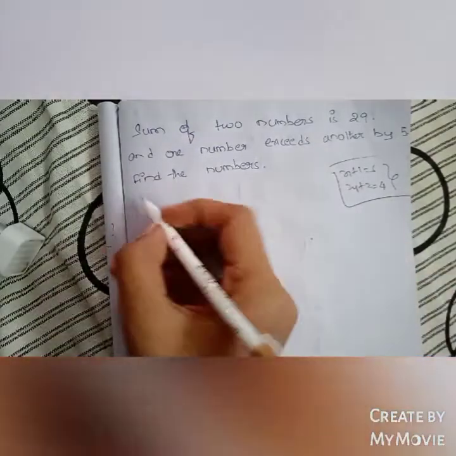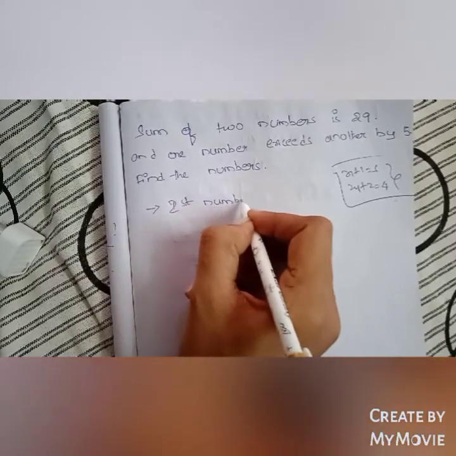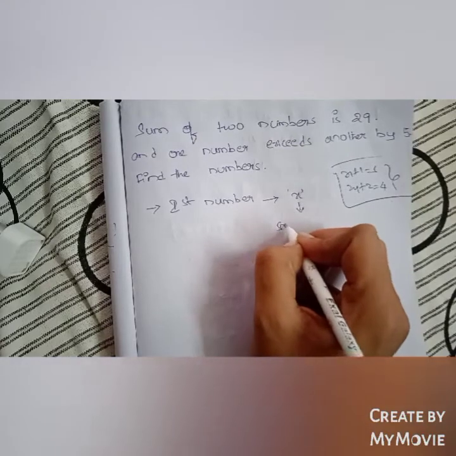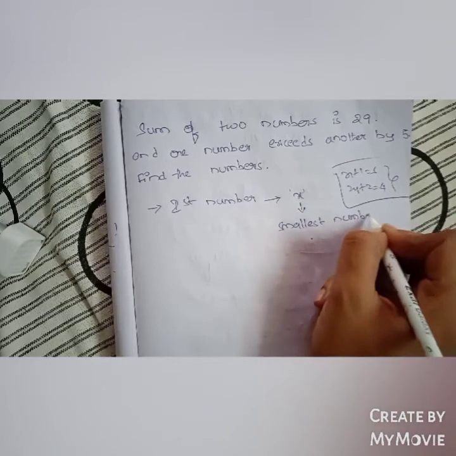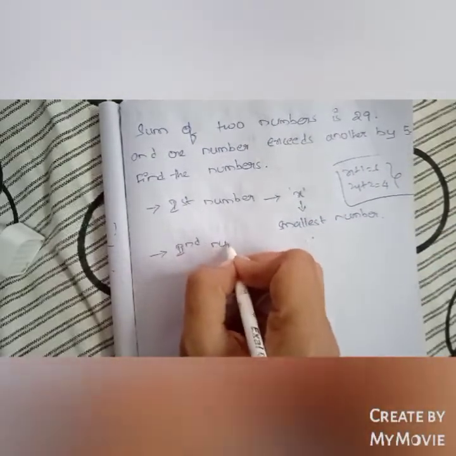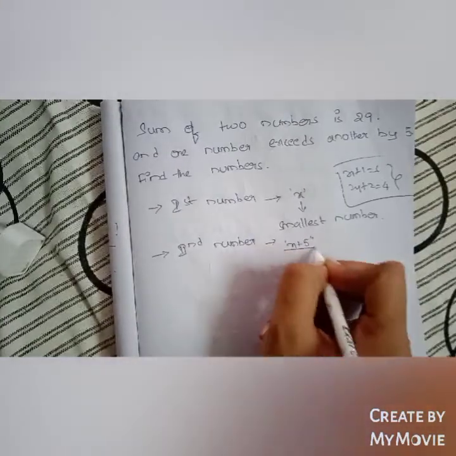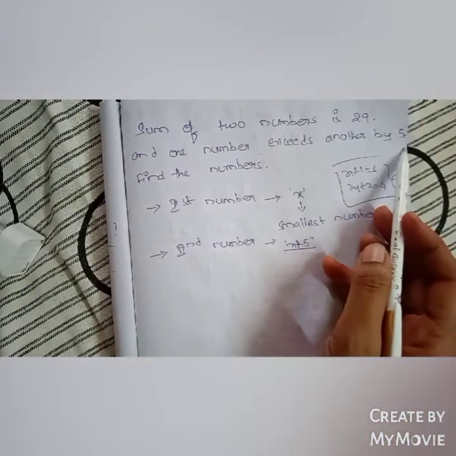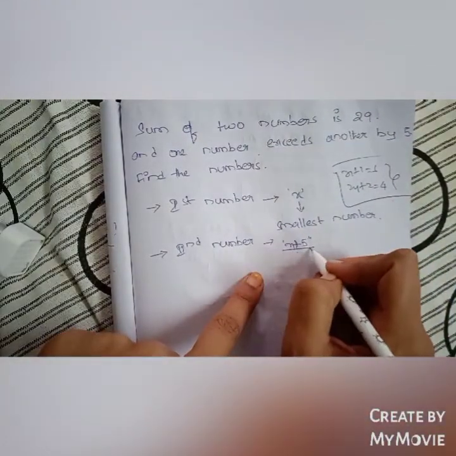So let us take the first number as x. Okay, this is the smallest number. And the second number as x plus 5, because here one number exceeds another by 5, meaning the other number is x and we have to add 5 to this number.